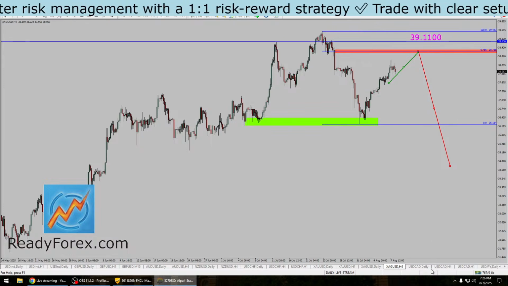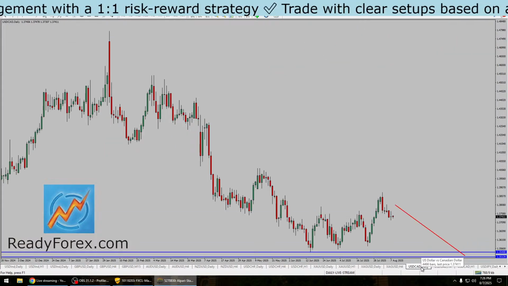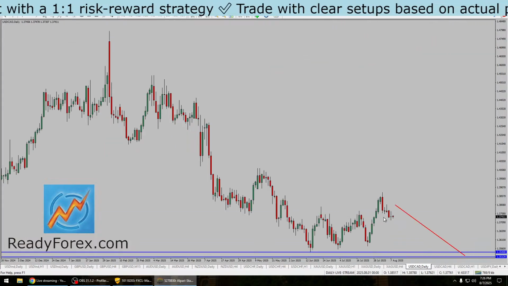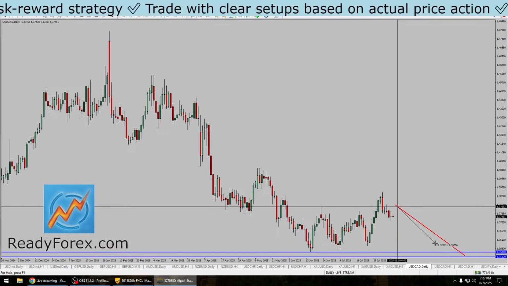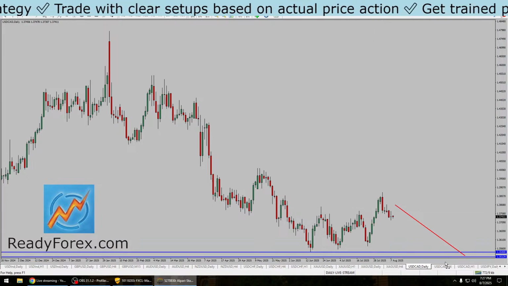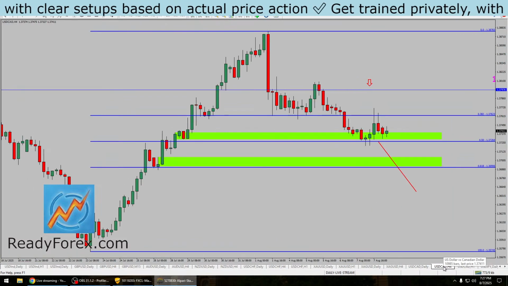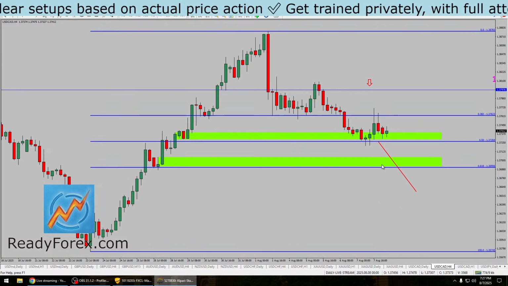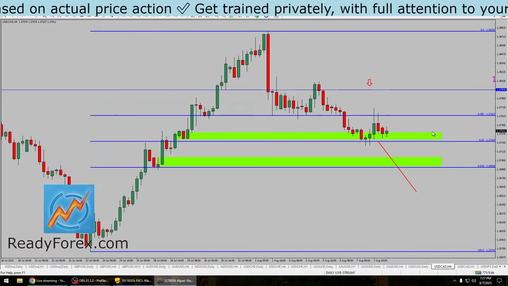Next one is the US dollar versus Canadian dollar currency pair. USDCAD is trying to turn sideways over here. The way I see it, USDCAD is probably going to drop over here, especially if you check out the smaller time frame. Price action is hardly finding aggressive buyers down over here.